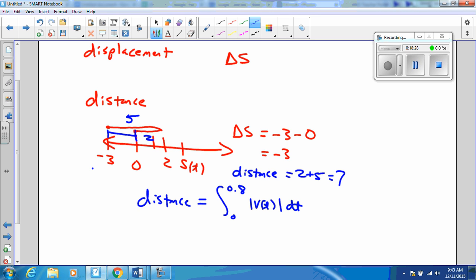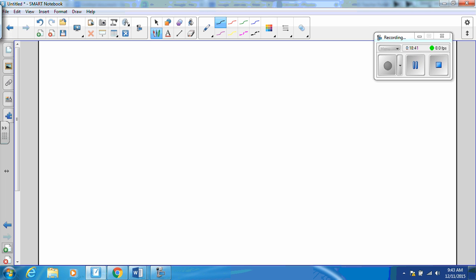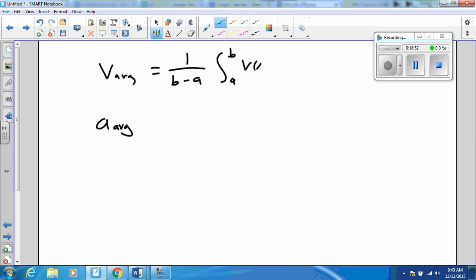Because they're usually working in a reference frame in which they are going forward to the end. Okay, last question, what's the average velocity? Got to be very careful to distinguish between average velocity and average acceleration. Why are these different?